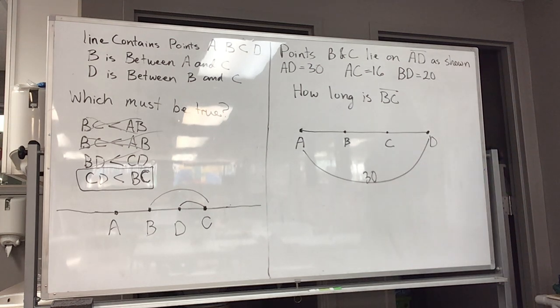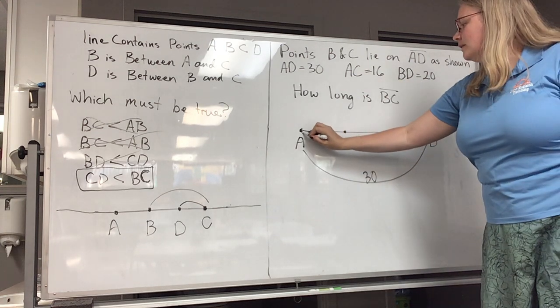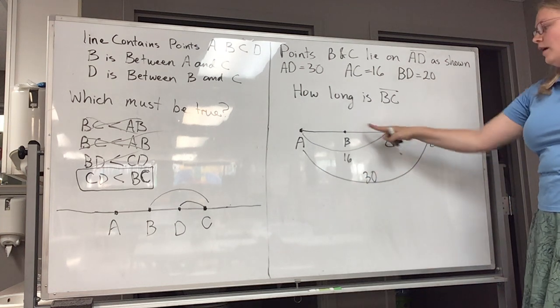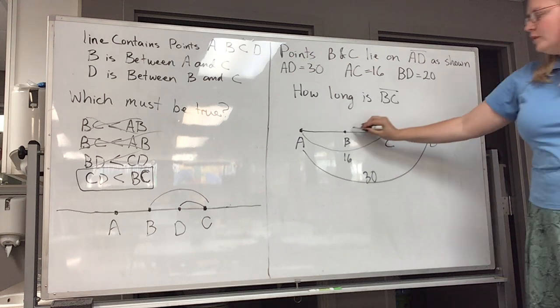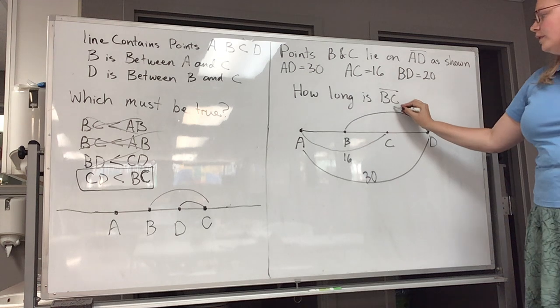I like to draw a bracket or a brace representing this whole thing is 30. We know that AC is 16. And we could say that BD is 20, but it starts getting a little bit messy. And so it's easier to use both sides of the drawing.